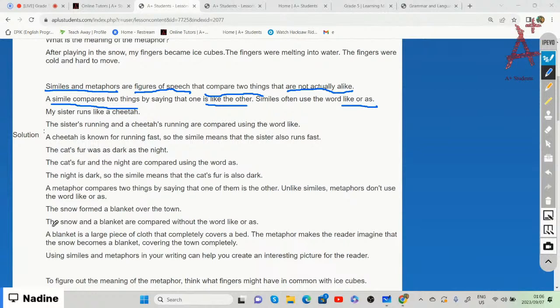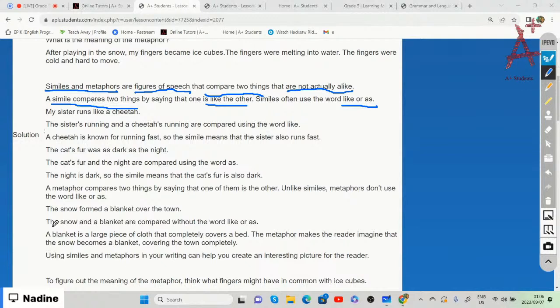So similes and metaphors are figures of speech that compare two things that are not actually alike. So the things that they are comparing are not alike. It is literally different things that are being compared to one another.